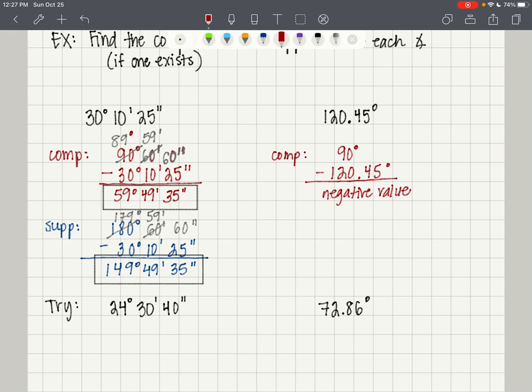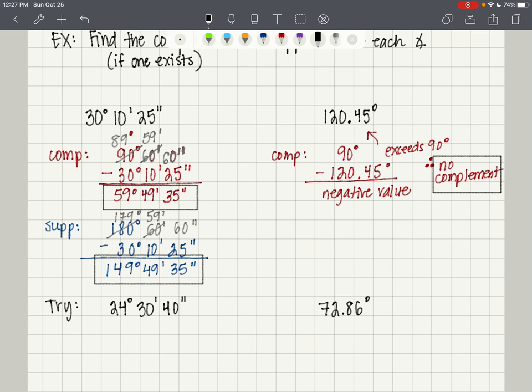And I need two positive angles that will add to 90. This exceeds 90 degrees, therefore there is no complement. So I'm going to box that because that's the answer, no complement.